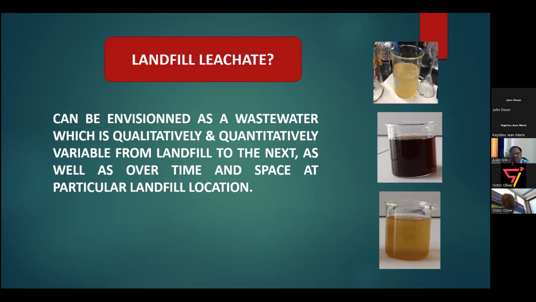So let's put a functional definition on leachate. How can we define landfill leachate? A functional definition: it's a wastewater, qualitatively in terms of its characteristics, and also quantitatively, since the volume will vary from one landfill site to another, but also within the landfill site, because you have the footprint of your landfill, but you also have the cells that make up the landfill.